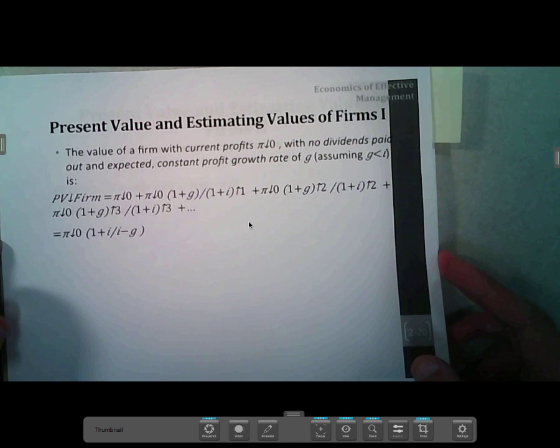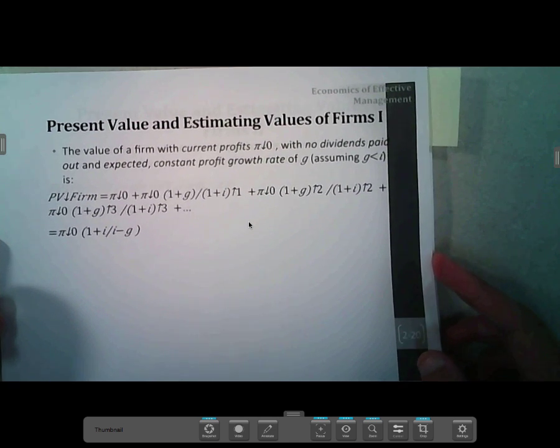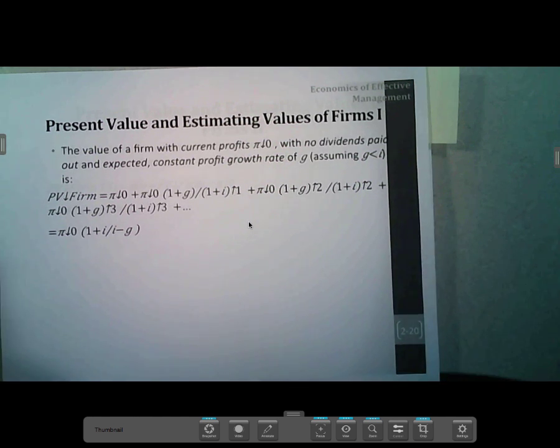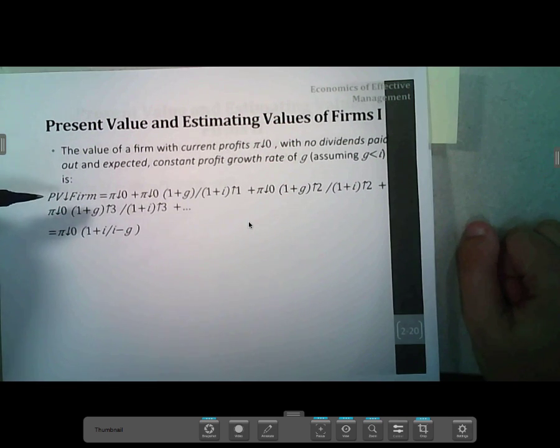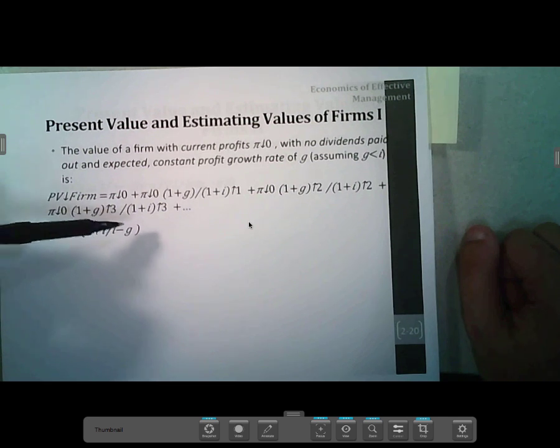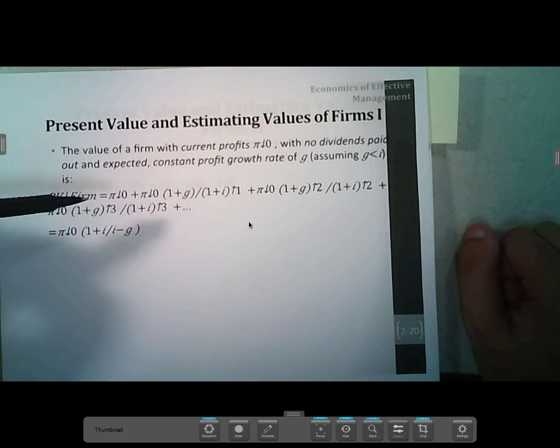And when we then use that to talk about how we're going to value that firm, we can start to create an equation where I'm looking at a rate of growth within the company, and that it's not generating any dividends or paying anything out to consumers.